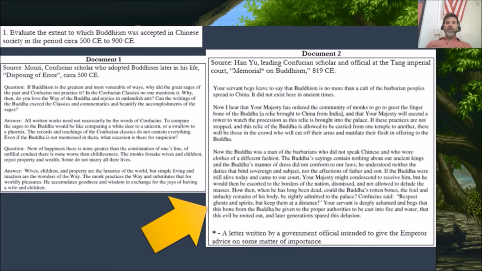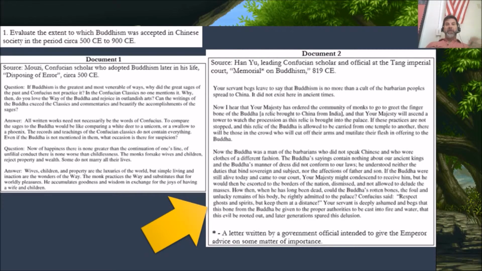Document 2 is by Han Yu, a leading Confucian scholar and official at the Tang Imperial Court. This is his Memorial on Buddhism, 819 CE. Anytime you see an asterisk like that in the document, make sure you look at the bottom of the document where you see an explanatory note. In this memorial, this letter to the emperor, which is a few hundred years after the first document, Han Yu describes a situation in which some Buddhist monks are going to bring a relic from the Buddha, a finger bone of the Buddha, to the imperial palace for some ceremonies and rituals.